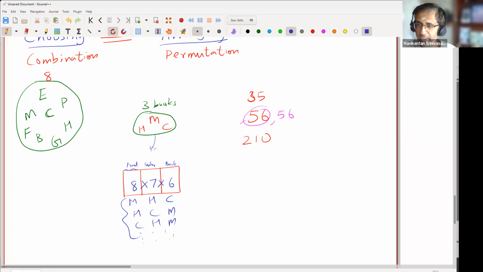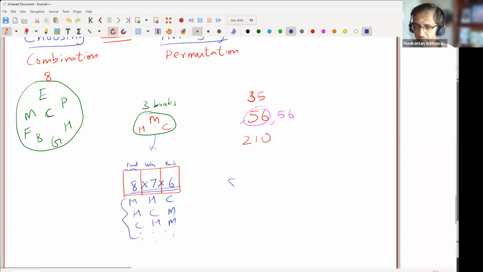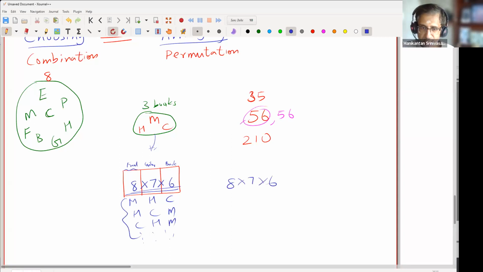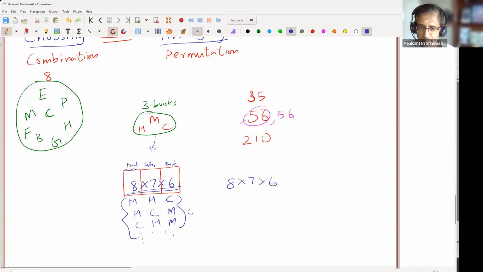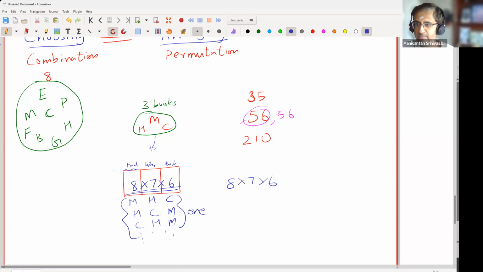I'm only interested in choosing, not arranging them. Therefore this 8 into 7 into 6 is going to have a lot of double counting, because all of these are to be treated as one, but I'm counting them as many.